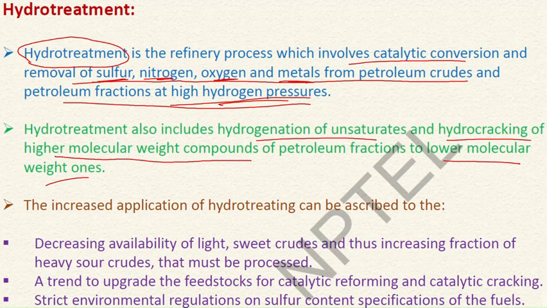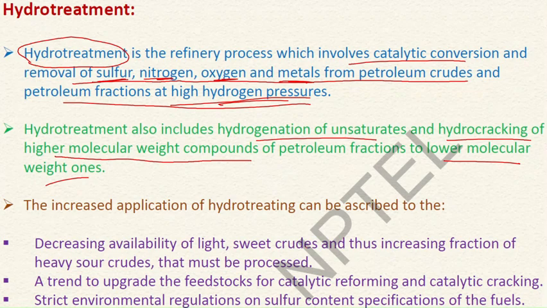Basically, what is happening is, as time is passing each day, as we know there is a shortage of crude taking place. So initially, very good quality crude was available, so everyone wanted light sweet crude, which is of good quality.